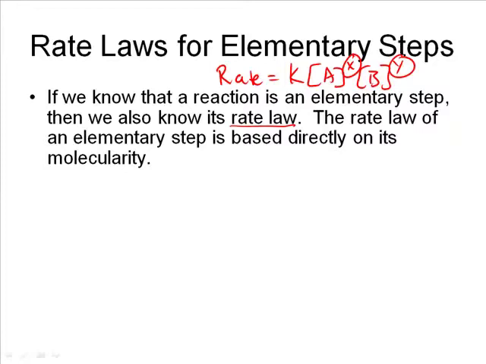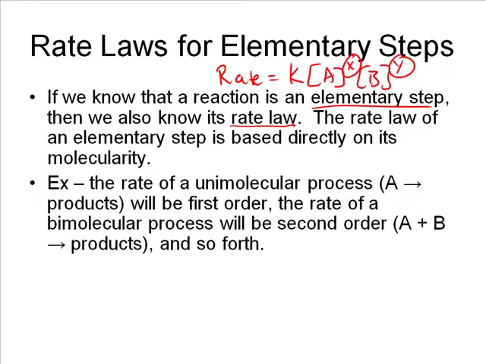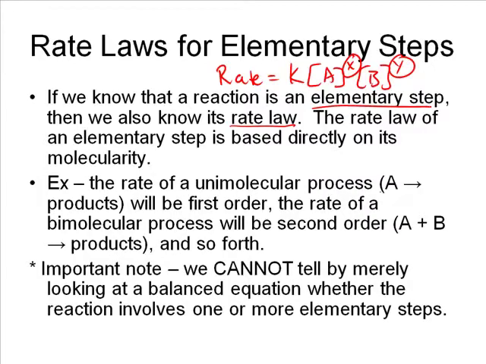What they're saying is, if it is an elementary step, then you can use the balanced equation to produce the rate law. So if it's unimolecular, it's going to be first order. If it's bimolecular, we know it's going to be second order and so forth.